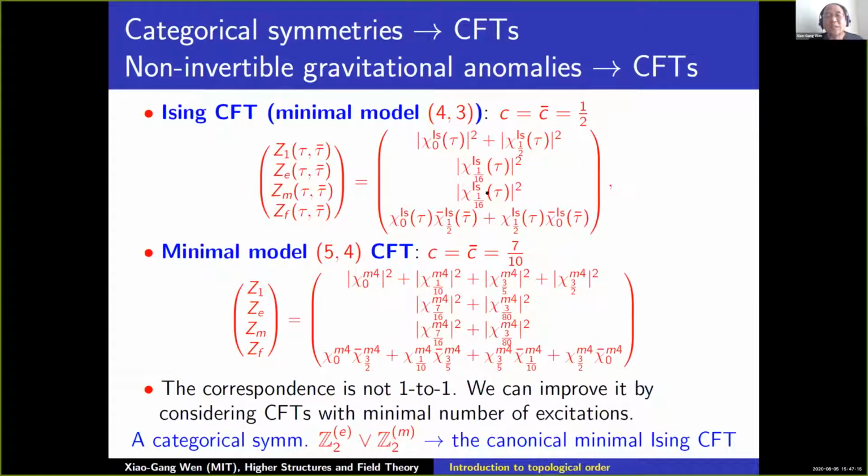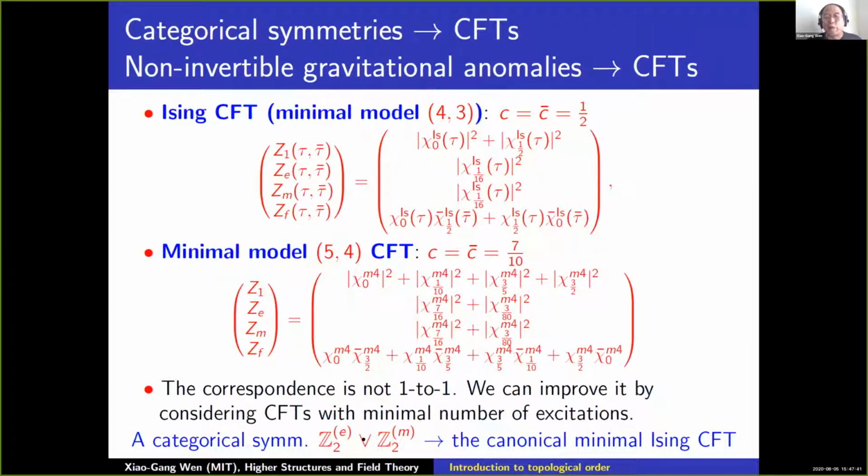But we can improve it, because you can see this solution is more special. It has a minimal central charge. The minimal central charge means the minimal number of excitations. So therefore, maybe categorical symmetry can determine a minimal CFT, which has minimal central charge.